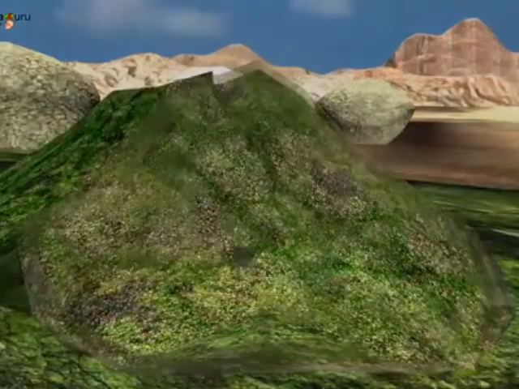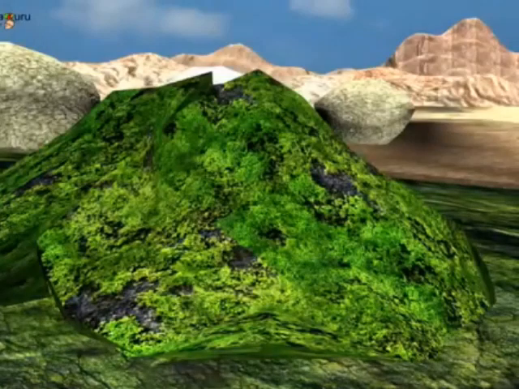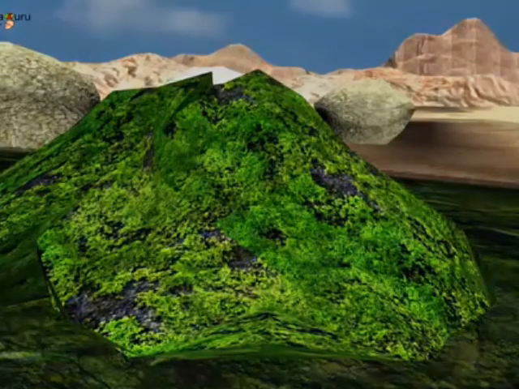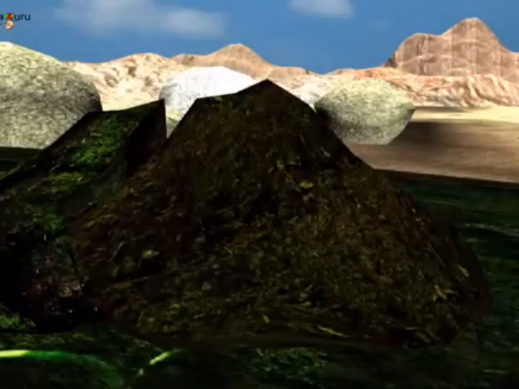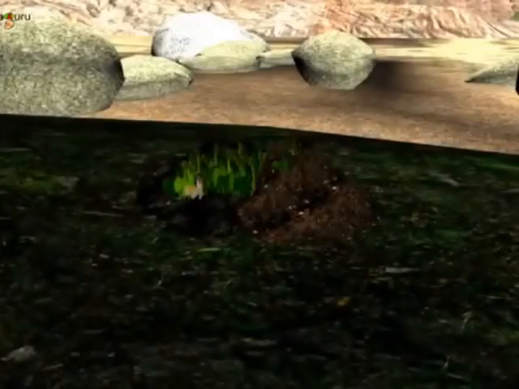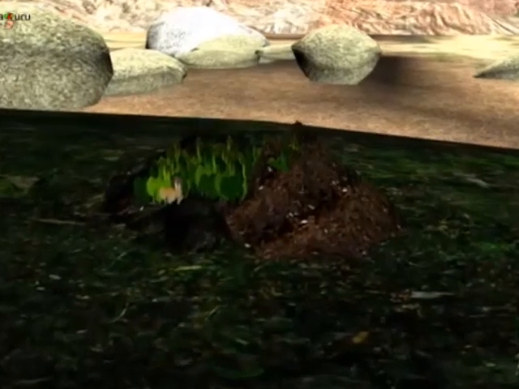Slowly, tiny plants and green moss grew on the broken pieces of the rocks. When these plants died, their remains were added to rock pieces and the soil was formed.